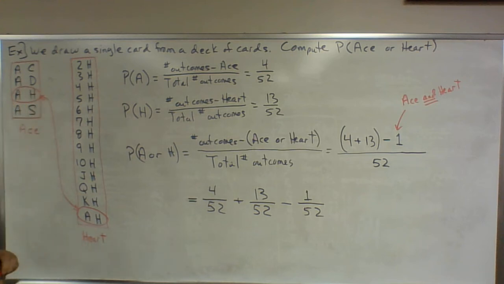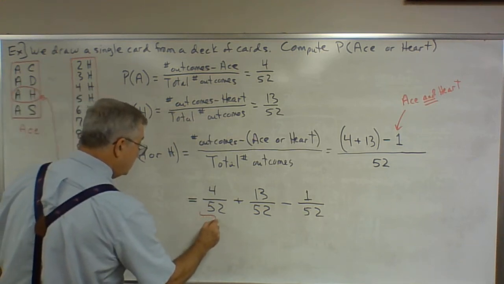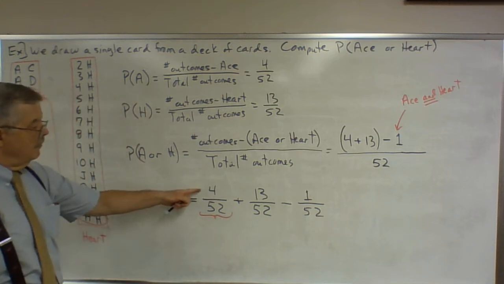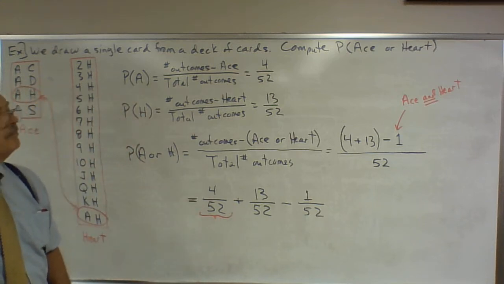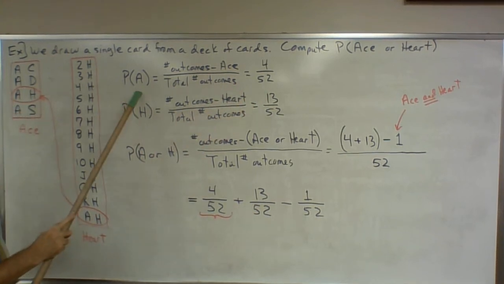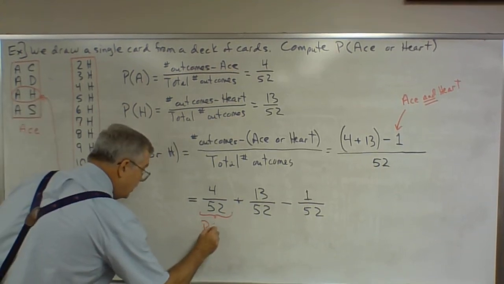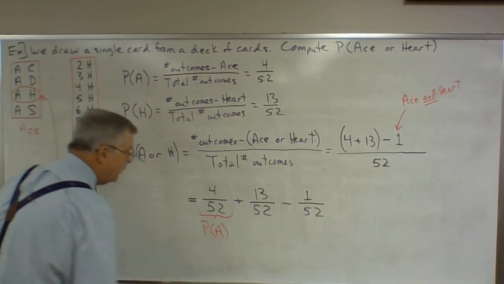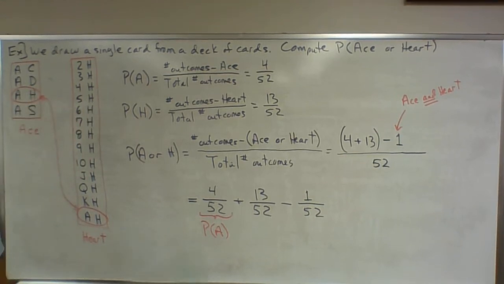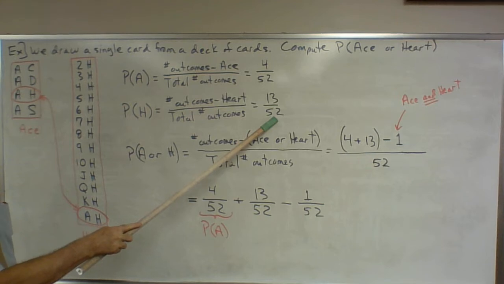And look what we have here. 4 over 52, that's the probability of an ace. And what about this 13 over 52?